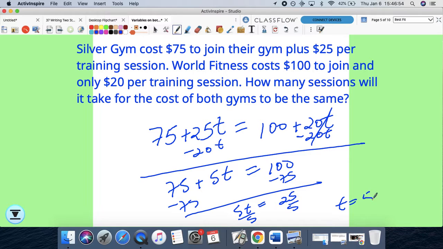T equals 5. So after 5 training sessions, whether you joined Silver Gym or World Fitness, you would have spent the same amount of money.